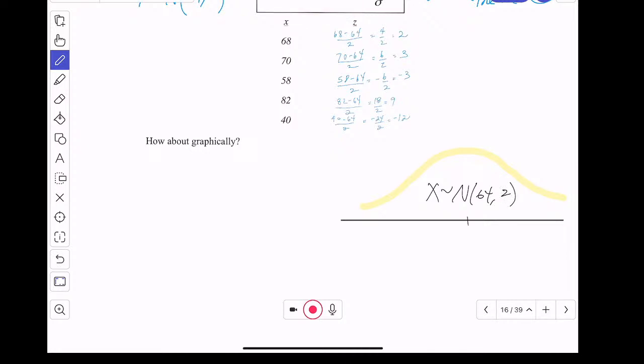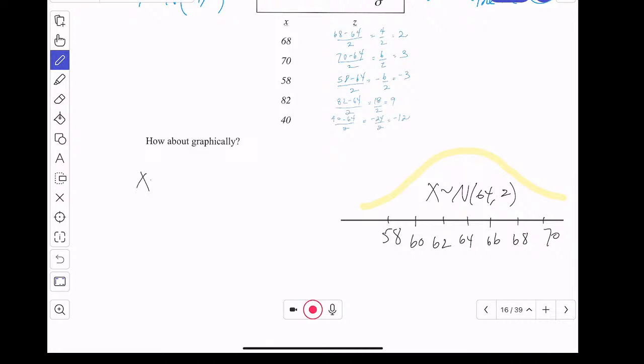So we would have 64 in the middle, 66, 68, and 70, let's say, and then this way, 62 in this direction and 58. So what I want to do is convert that to a distribution that is centered at 0.